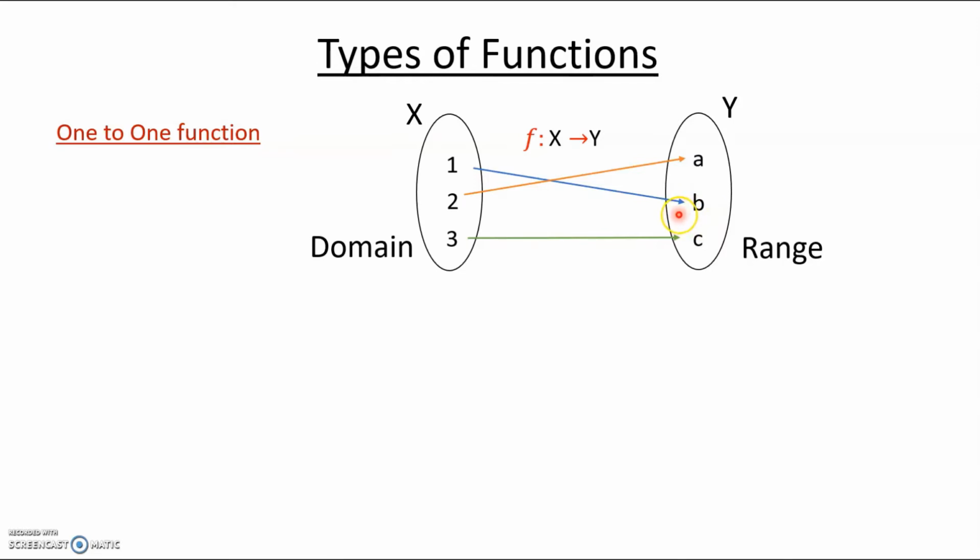So you can call that, a will form an image of b, and this b will not be an image of any other element in x. So each element will have a distinct relationship with every element in y.